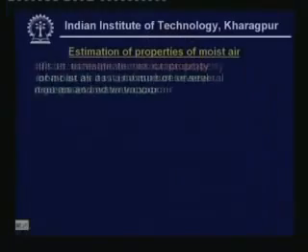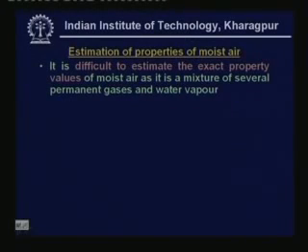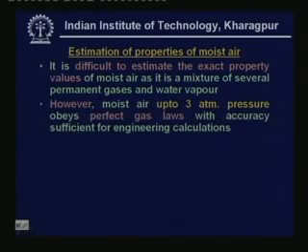It is difficult to estimate the exact property values of moist air, as it is a mixture of several permanent gases and water vapor. If you want a 100% accurate or exact value, it is very difficult. However, it is found that moist air up to 3 atmosphere pressure obeys perfect gas laws with accuracy sufficient for engineering calculation.